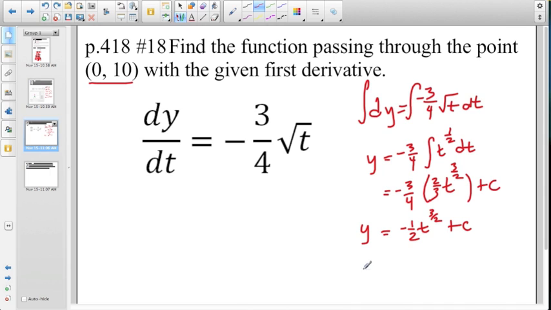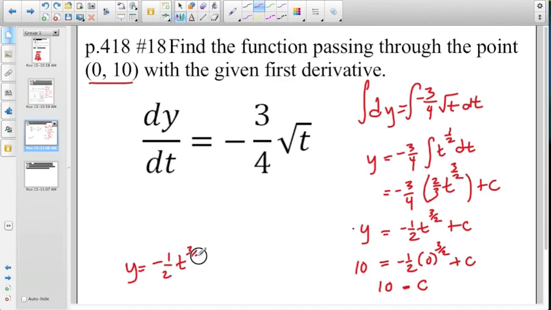So when t equals 0, y equals 10. That makes the math a lot more simple. And so we're looking for a constant of integration here of 10. And so the particular solution looks like y equals, coming back up here to the general solution, minus 1/2 t to the 3/2 and plus 10.